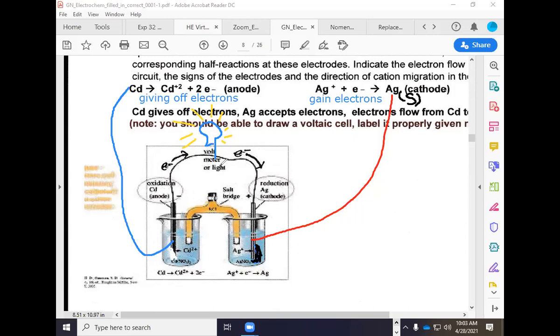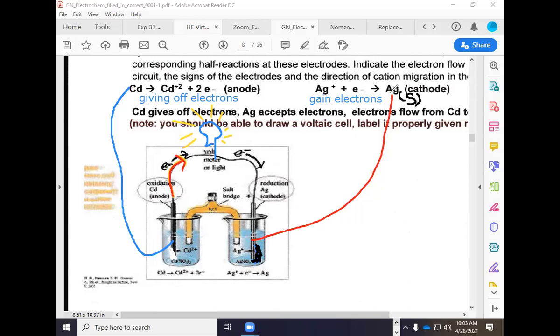And then the question was saying to show the flow of electrons. That's again back to your half reactions. Cadmium is losing, so that's why this flow of electrons is going away from the cadmium. So that's how you would know what the electron flow is.